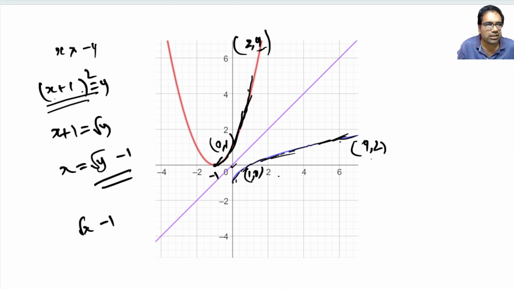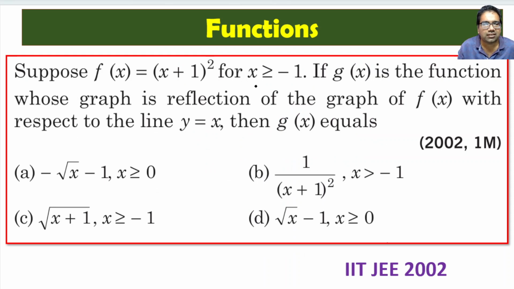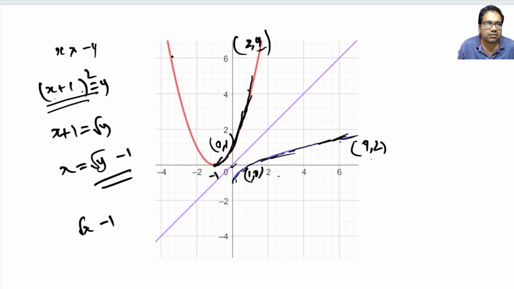Now, here one more condition is given: x is greater than or equal to minus 1. Because if you invert this part also, you will get a graph something like this, which is not possible, right? If we do a mirror image with reflection, then at the same x we are getting two different y's, one y plus 1 and this a minus y, so it is not possible.